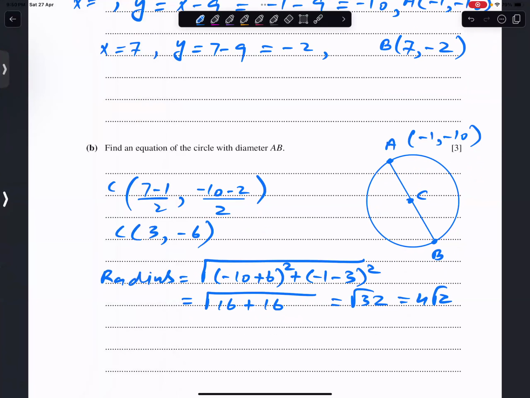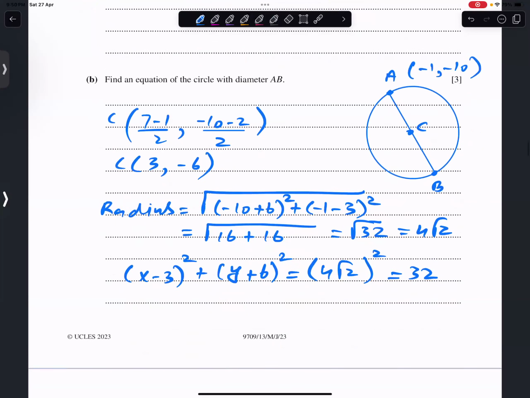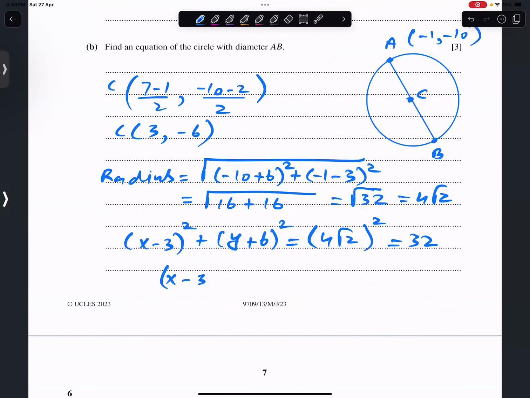So the equation of the circle will become (x minus 3) whole squared plus (y plus 6) whole squared is equal to (4 root 2) whole squared. That will become 32. So this is my equation of the circle for which AB is the diameter.